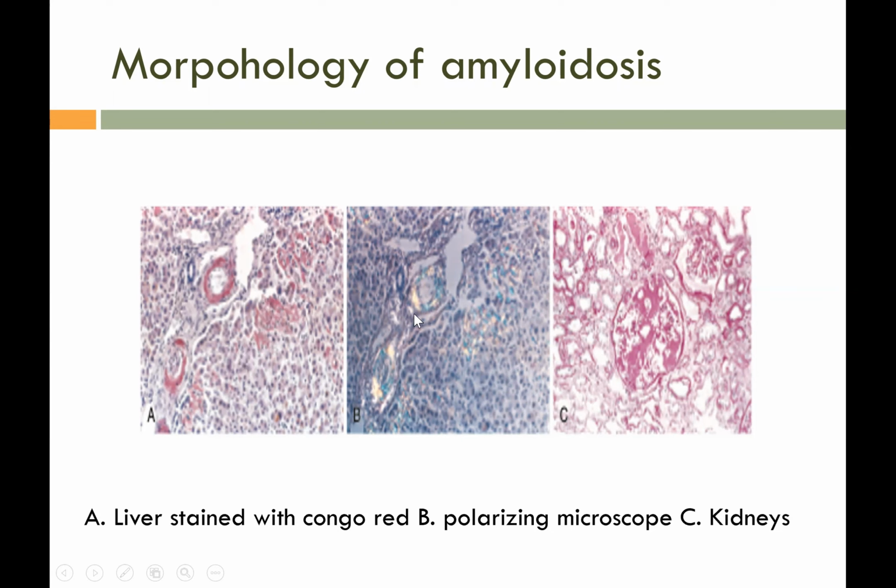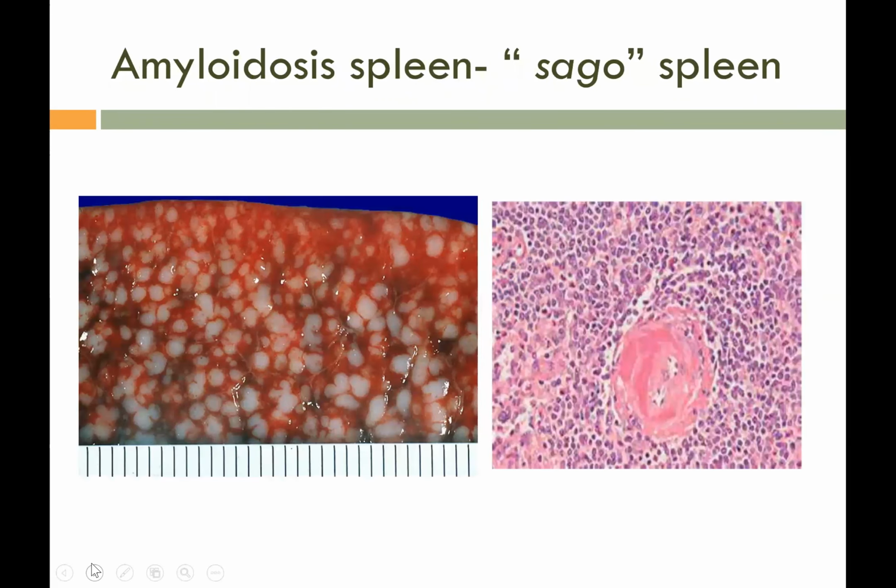You can do fluorescent microscopy. Again, these are amyloid deposits, the darker pink-red structures. You can do polarized microscopy, and do not forget the endpoint, as I have mentioned, which would be yellow-green birefringence of the deposits under polarizing microscopy.